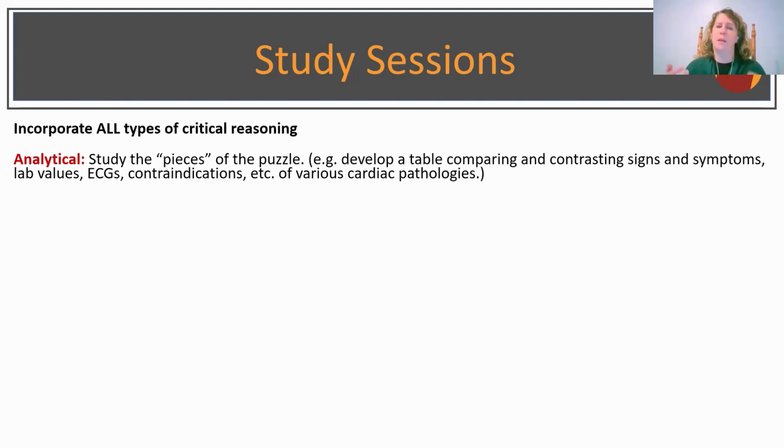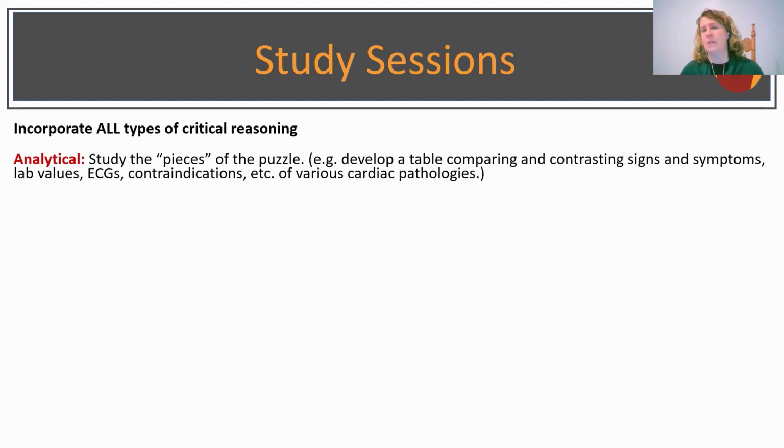So I'm going to give you an example. I had a student of mine who came to me and said, Suzanne, all the cardiac pathologies sound the same. And I'm like, okay. She's like, I can't answer these questions when they come up. And they give me these lab values and signs and symptoms and ECGs. I don't know. They all sound the same. I said, okay, you're going to make a table. Here's all the common cardiac pathologies that we see as PTs.